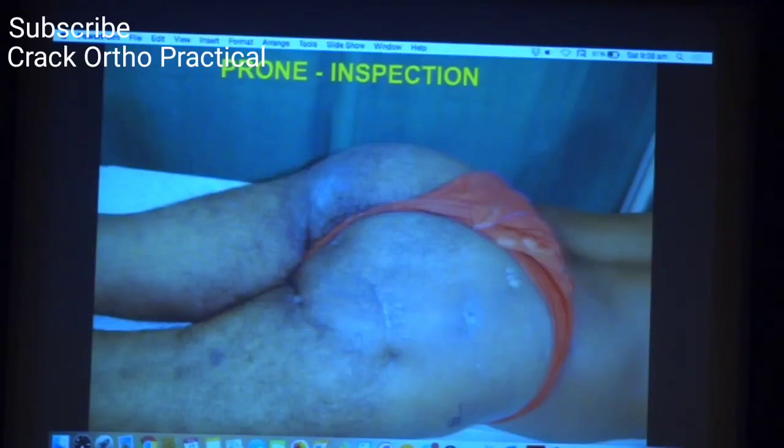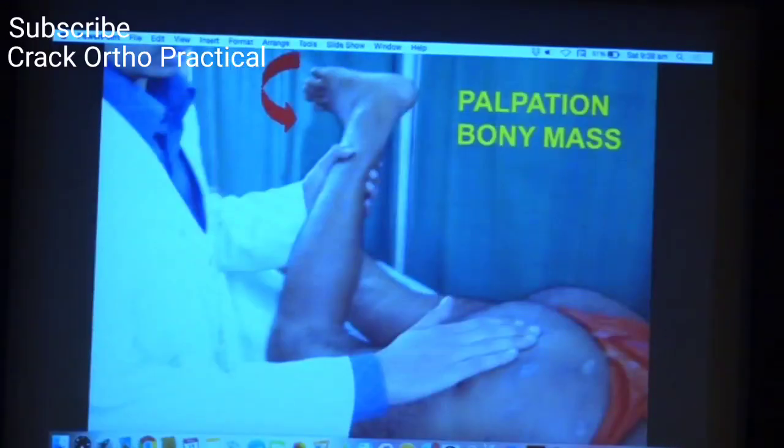But there is enough evidence due to this puckered scar here that we are dealing with an infective pathology. These are telltale signs. And on palpation with the flat of the hand, we could not feel a bony mass, but this is how it is done, and you flex the knee, use the leg as a lever arm to rotate, and to detect any mobility with the flat of the hand.